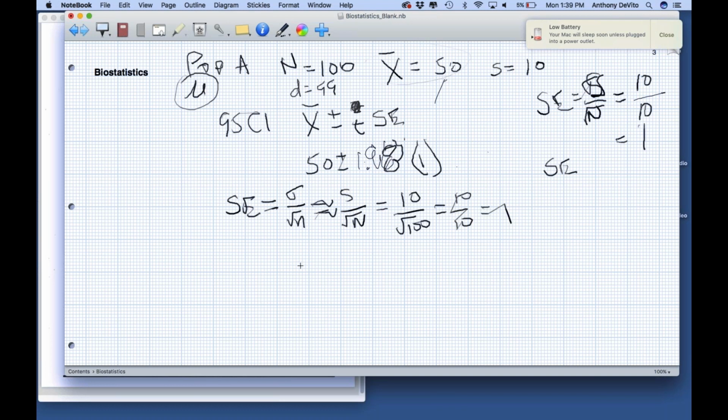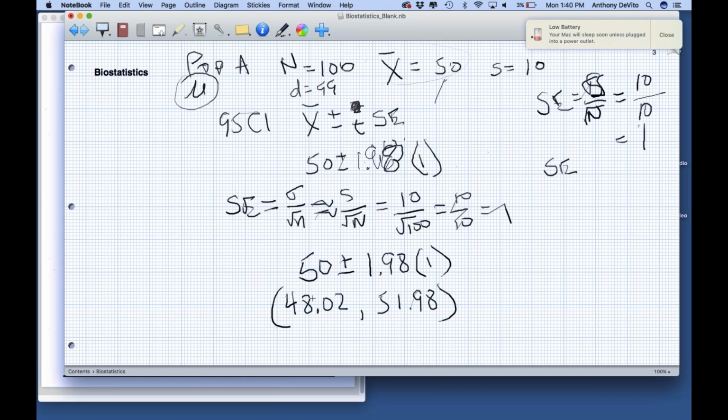So my confidence interval is going to be x bar, 50, plus or minus my margin of error, 1.98 times 1 in this case. Pick a nice simple example. So that's going to be 48.02 to 51.98.